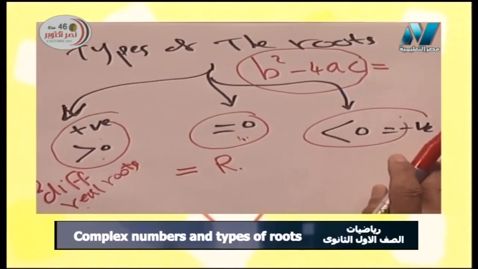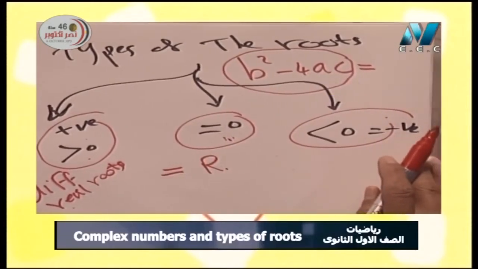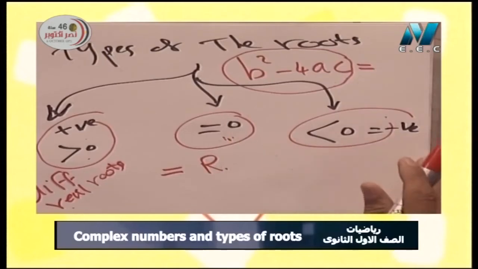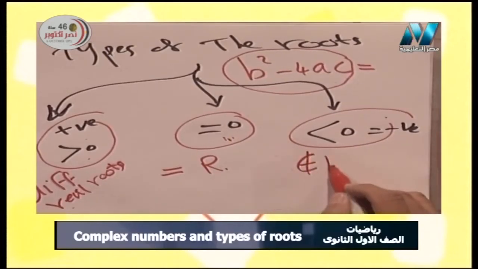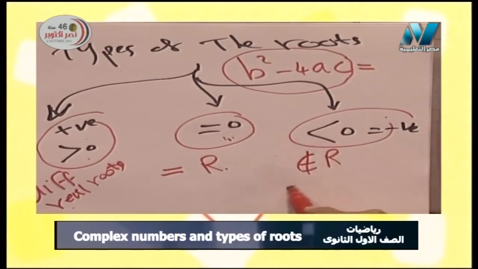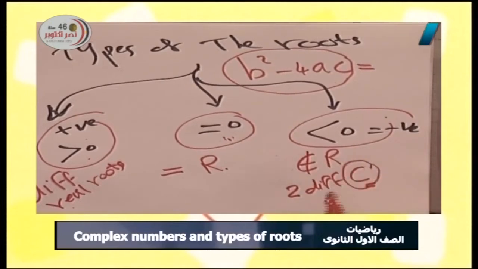And if the answer is less than 0, or negative, then the two roots don't belong to R, but we have two different complex roots. C means complex and R means real.